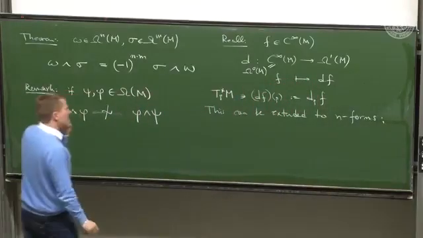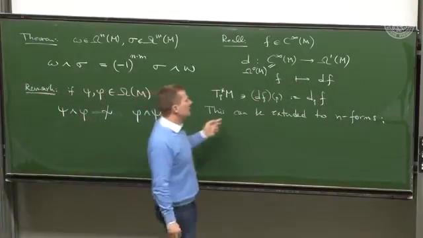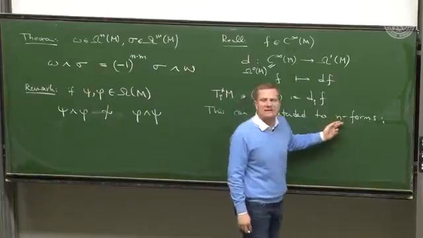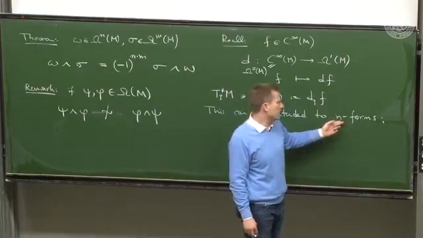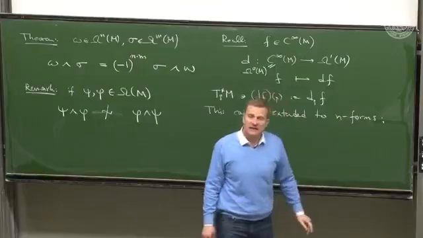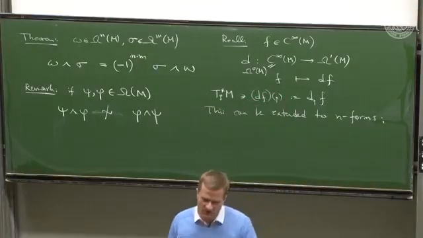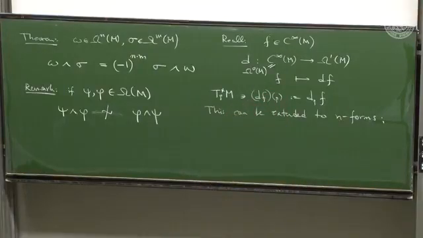Now, you ask, okay, you extend it to n forms, why don't you extend it to any tensors? N forms are just specific tensors, and the answer is, on tensors, you cannot write down a derivative without adding further structure to the manifold. So the differentiable structure we have on the manifold is not enough to define a so-called covariant derivative on arbitrary tensors.